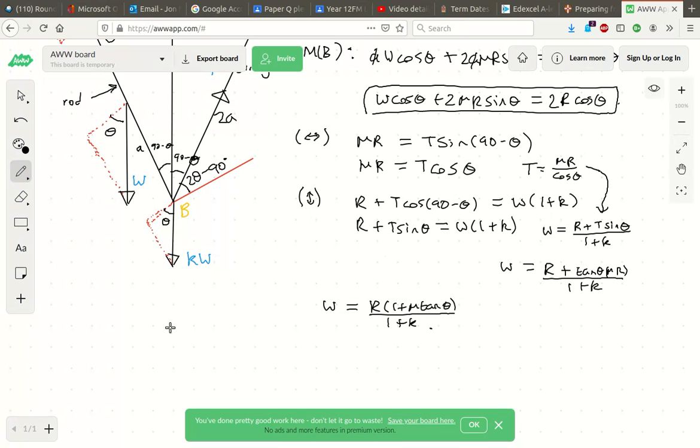If we suddenly now have, for the moments at B, W cos theta plus 2 mu R sine theta, well, if that was actually less than the turning force to the right, which is 2R cos theta, then the ring starts slipping.